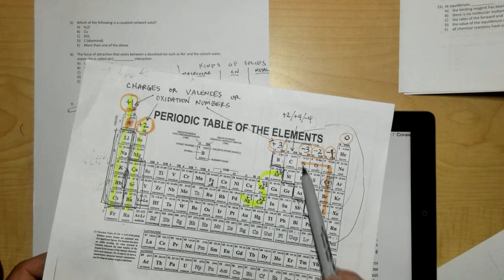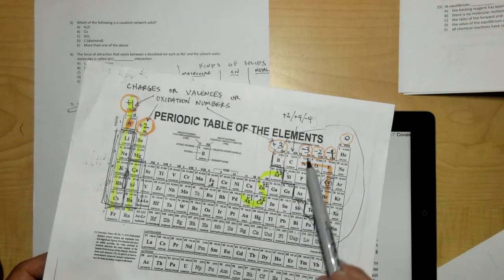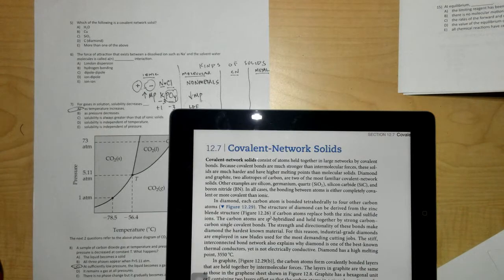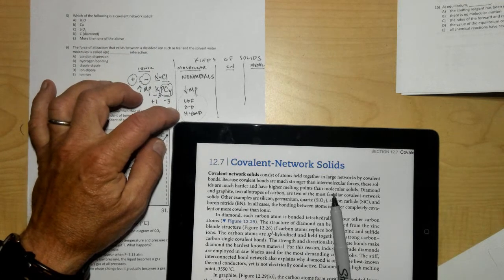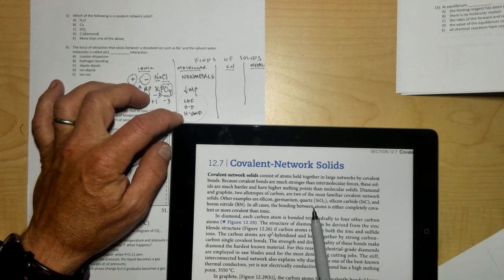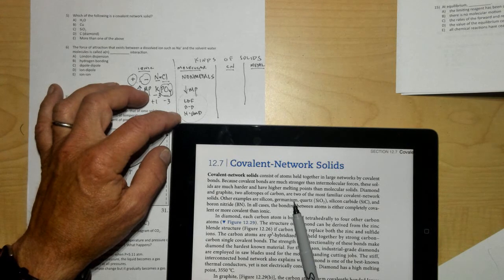Those nonmetals or metalloids right there are involved in covalent network solids. They consist of atoms held together in large networks by covalent bonds. Because covalent bonds are much stronger than interactions like London dispersion forces, dipole-dipole forces, and hydrogen bonding, they usually have really, really high melting points.